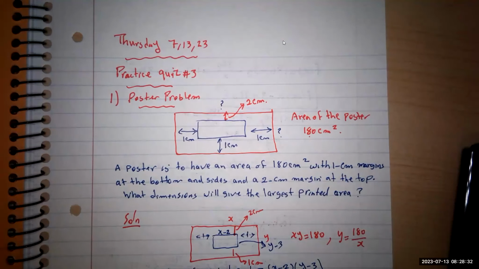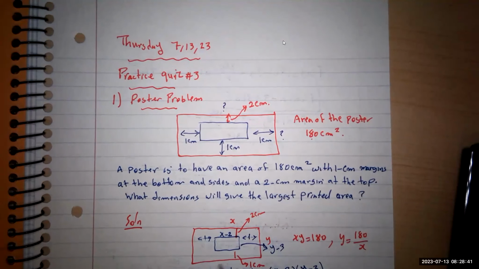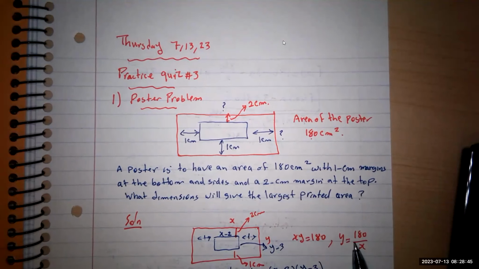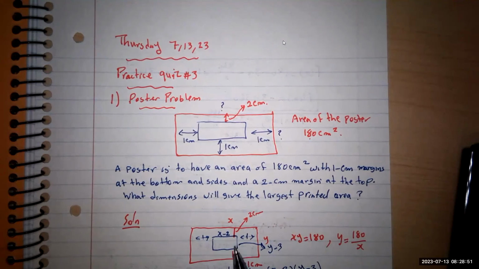But the rule is, if you want to do it, you have to pick the x and the y to be close to the given number. So I picked the x and the y to be the dimension of the poster. Why? Because that gave me x times y equal to 180. That's easier. If the printed area is given to you, you take the dimension of the printed one to be x and y.